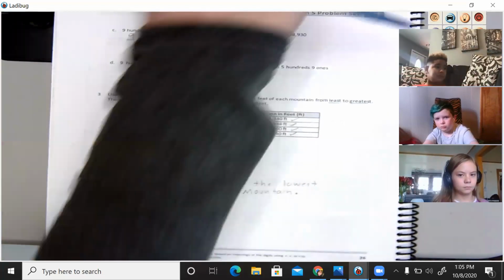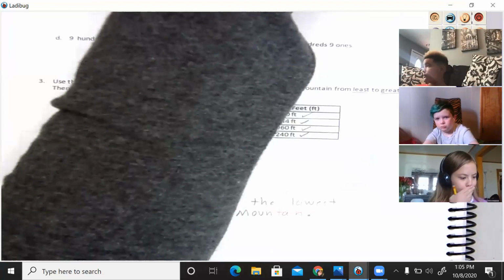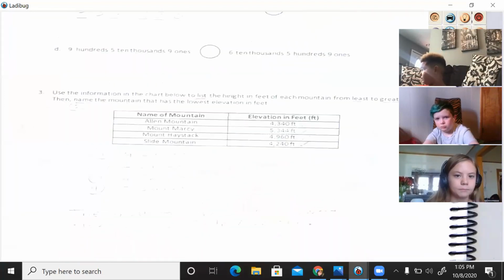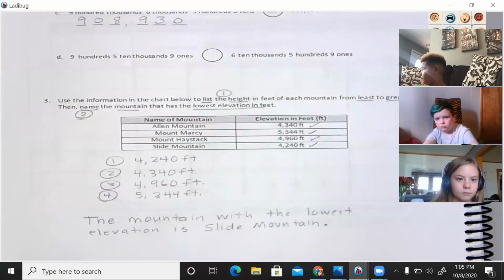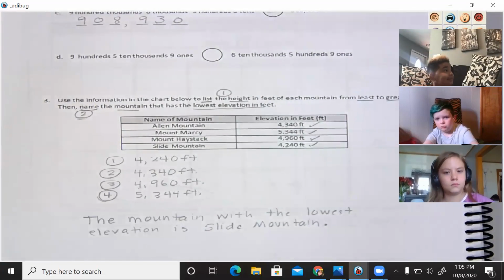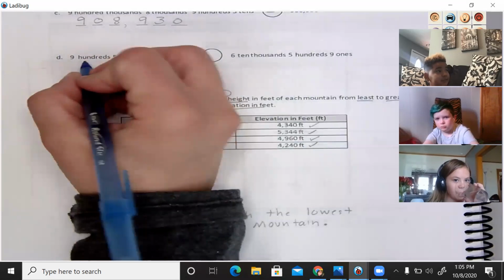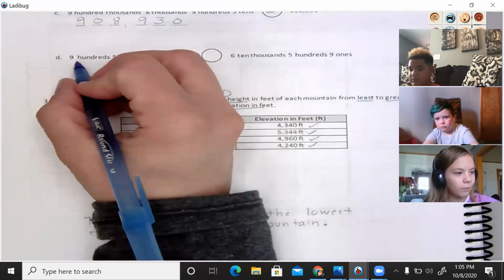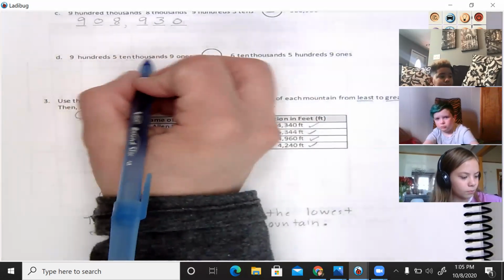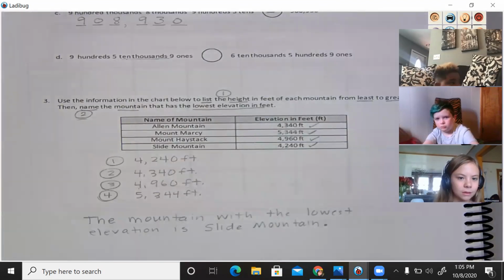Okay, for letter D, it says 9 hundredths, 5 10,000s, and 9 ones. So since I know the hundreds is my biggest place value, well, actually 5 10,000s is my biggest place value.